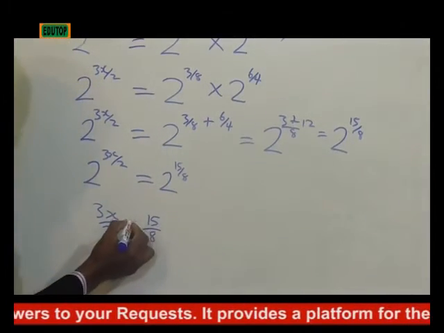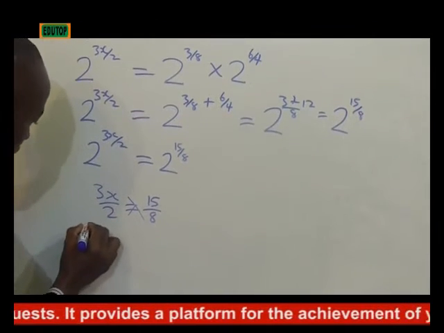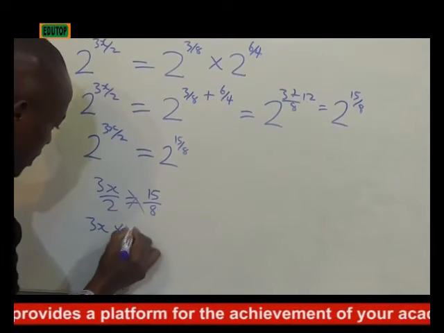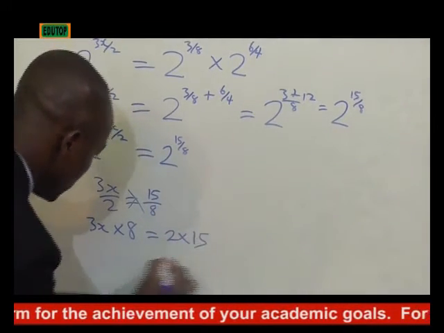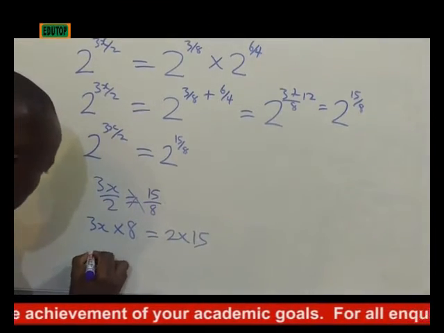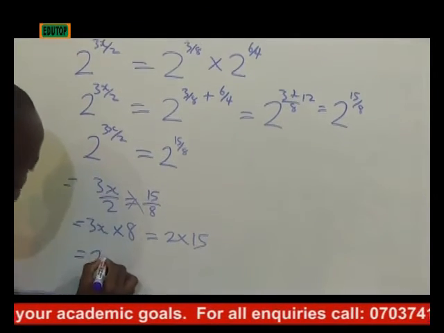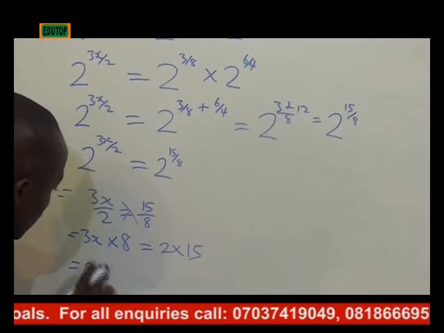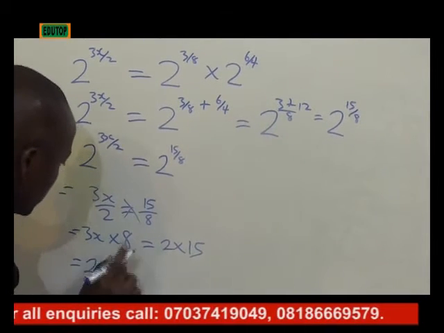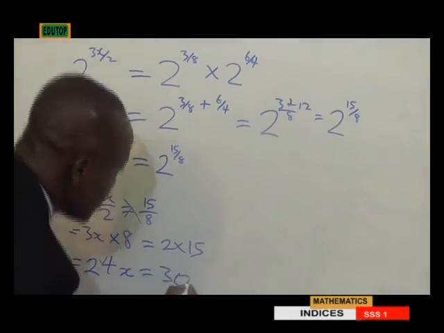Now, cross multiplying, we'll be having 3x times 8 is equal to 2 times 15, which is 30. 3 times 8 is 24x is equal to 30.